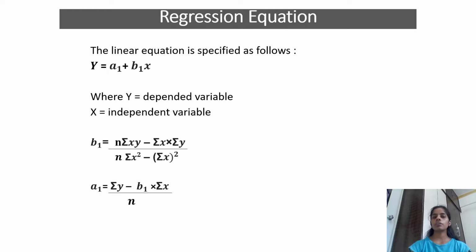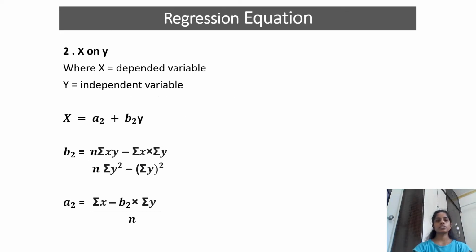The formula for b1 is n Σxy minus Σx Σy, the whole divided by n Σx² minus (Σx)². After calculating b1, we need to find a1. The formula for a1 is (Σy minus b1 Σx) divided by n.